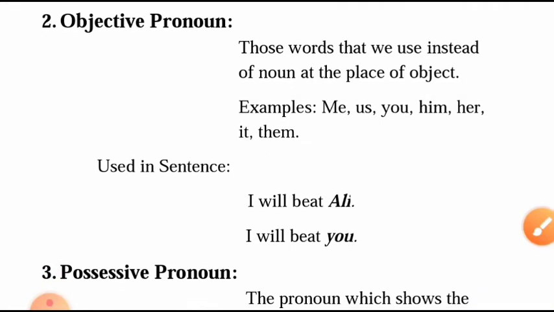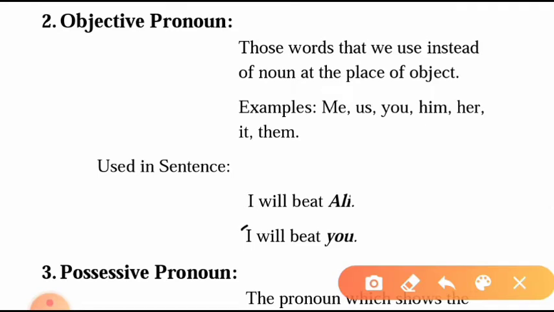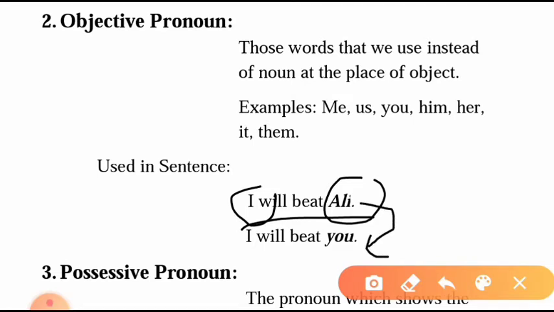This is a sentence: I will beat Ali. Here Ali is at the place of object in the sentence, while I is the subject of the sentence. How can you convert a noun into pronoun? Instead of Ali, you could say you.